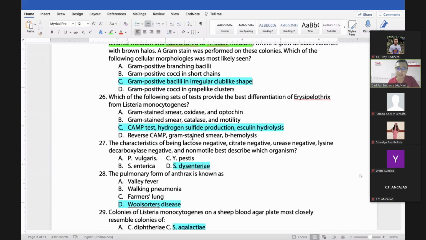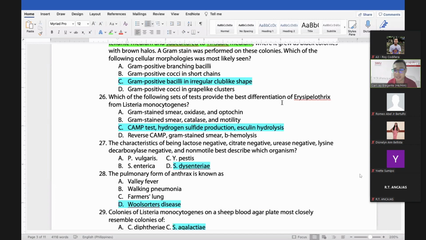Number 26. Which of the following sets provide best differentiation of Erysipelothrix from Listeria monocytogenes? Take note, class, that among the gram-positive organisms, particularly bacilli, only Erysipelothrix produces hydrogen sulfide. Meaning it is the only one positive for hydrogen sulfide or H2S.